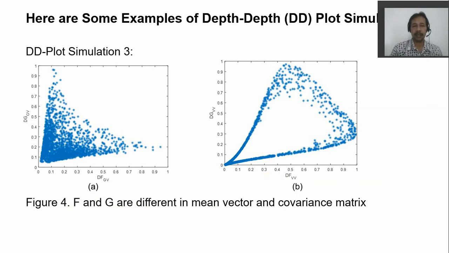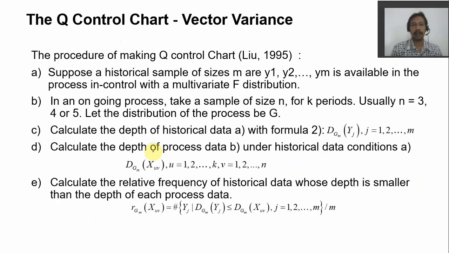Then this is the simulation number 4. We can see here F and G are different in the mean vector. Still, the vector variance depth is better than the Mahalanobis depth. Okay.